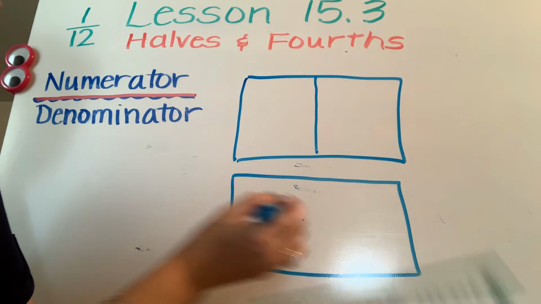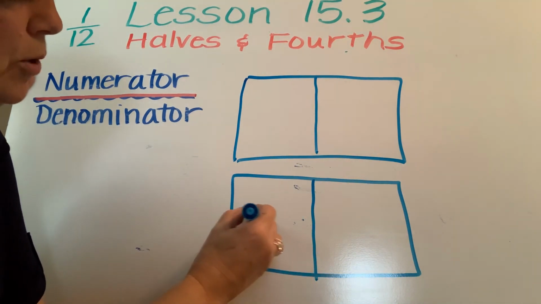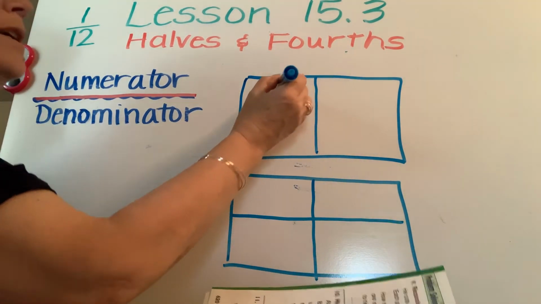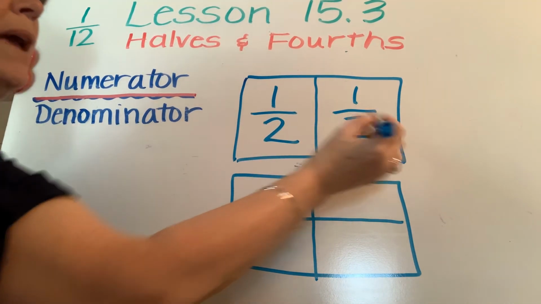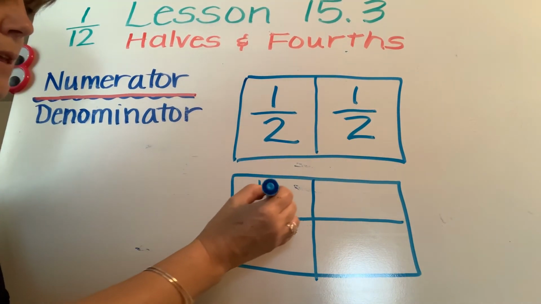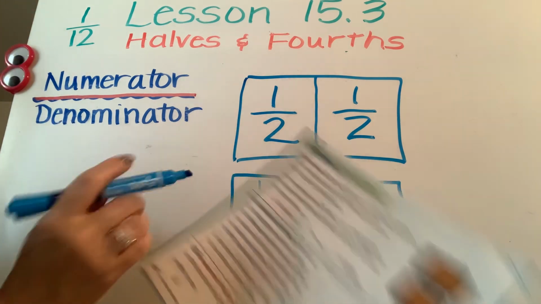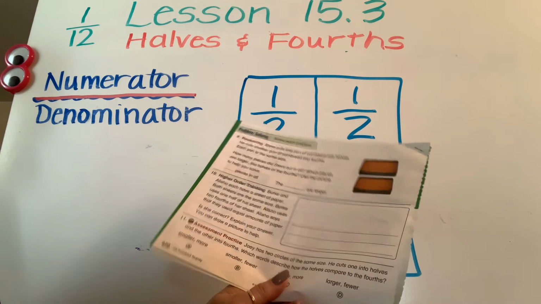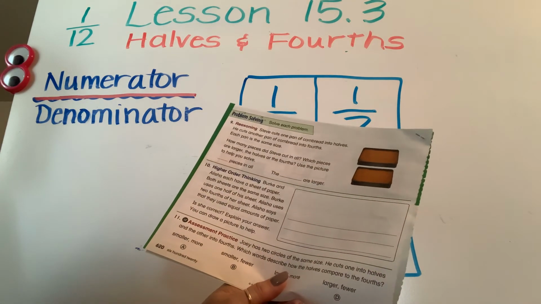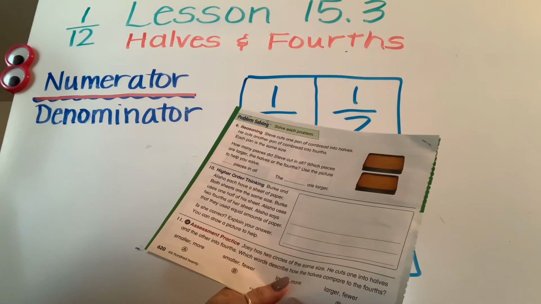And we're going to cut 1 into fourths. And we're going to go this way, okay? So these are 1/2. Now you may do this on your paper with me, okay? And this is 1/4. And you can write 1/4 in each one of those pieces. All right. How many pieces did Steve cut in all?